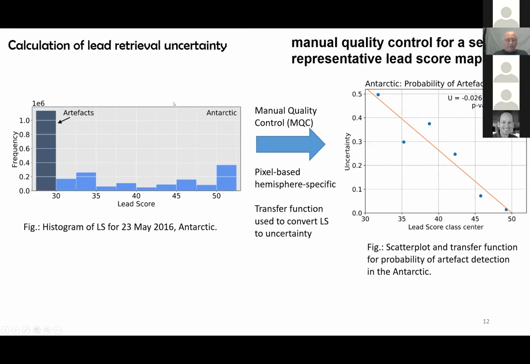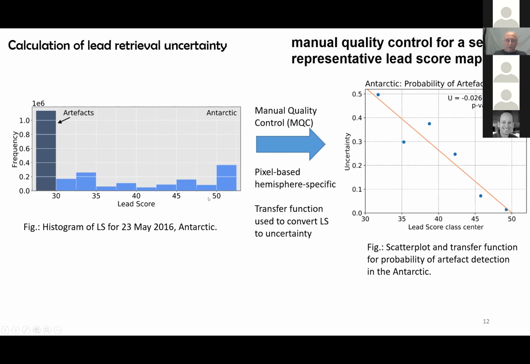So then we come to a histogram here, which shows the same day. If we plot the lead score in bins here, we found that a value of 30 for the lead score is good to discriminate artifacts from potential leads. And then the distribution goes here to about 15.